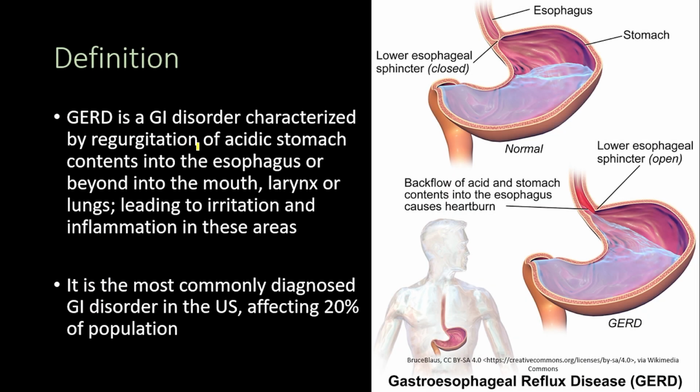So gastroesophageal reflux disease is a gastrointestinal disorder characterized by regurgitation of acidic stomach content into the esophagus or beyond into the mouth, the larynx, or the lungs, leading to irritation and inflammation in these areas.